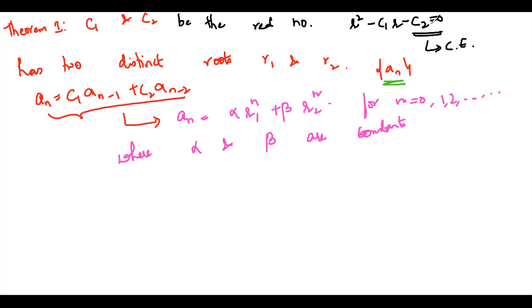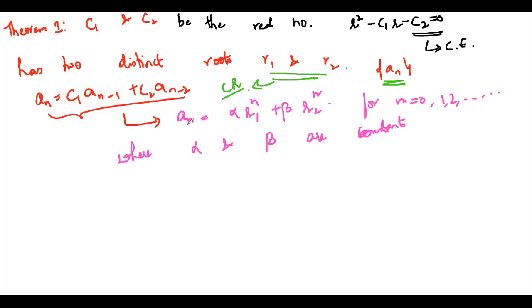What are C1 and C2? C1 and C2 are two real numbers which are constants. For this characteristic equation, these are the characteristic roots. The roots for this quadratic equation are r1 and r2.